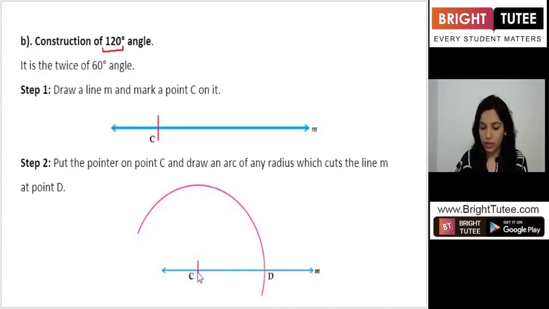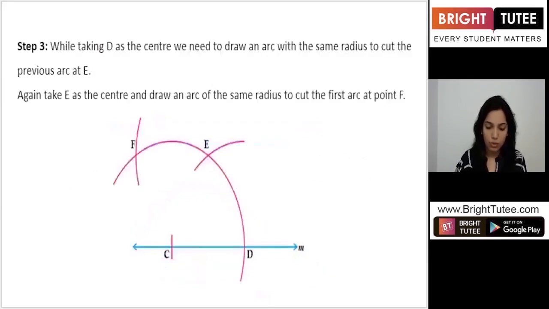Then you put the pointer at C and draw a big arc this time, of any suitable radius, which cuts the line M at point D. Clear? Now taking D as the center, like we did earlier for 60 degrees, we draw an arc with the same radius to cut the previous arc at point E.